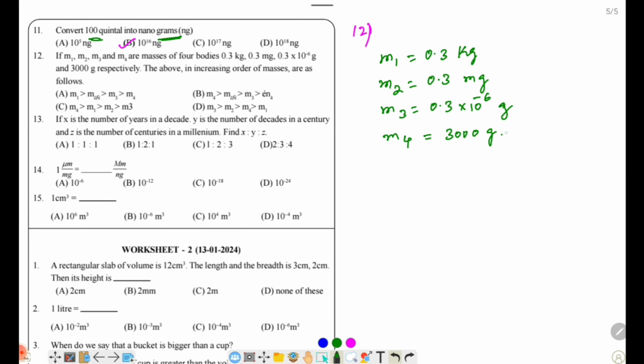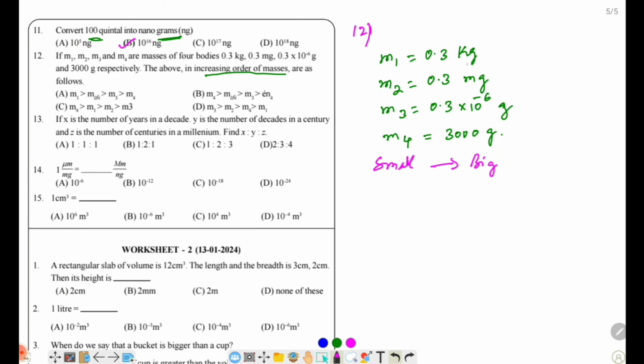So the above in increasing order of masses are as follows. So we have to arrange them in increasing order. Increasing order means small to big, right?